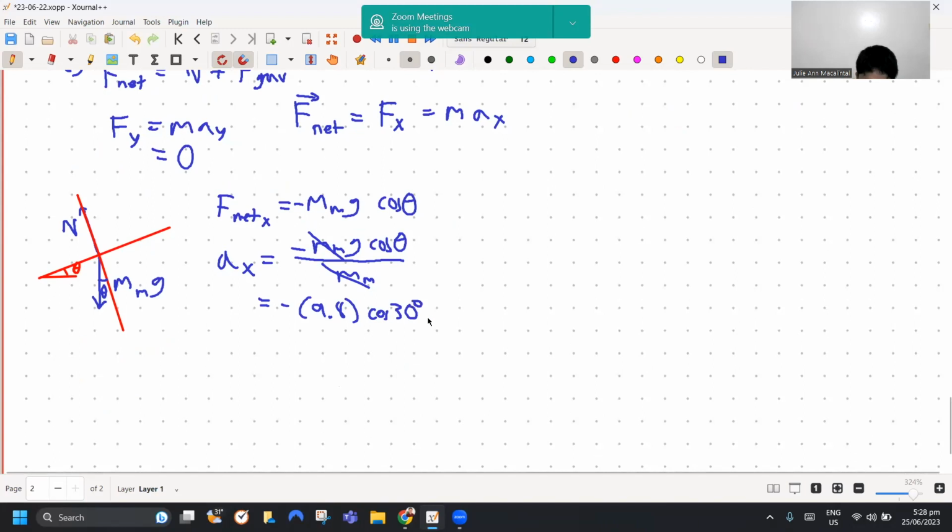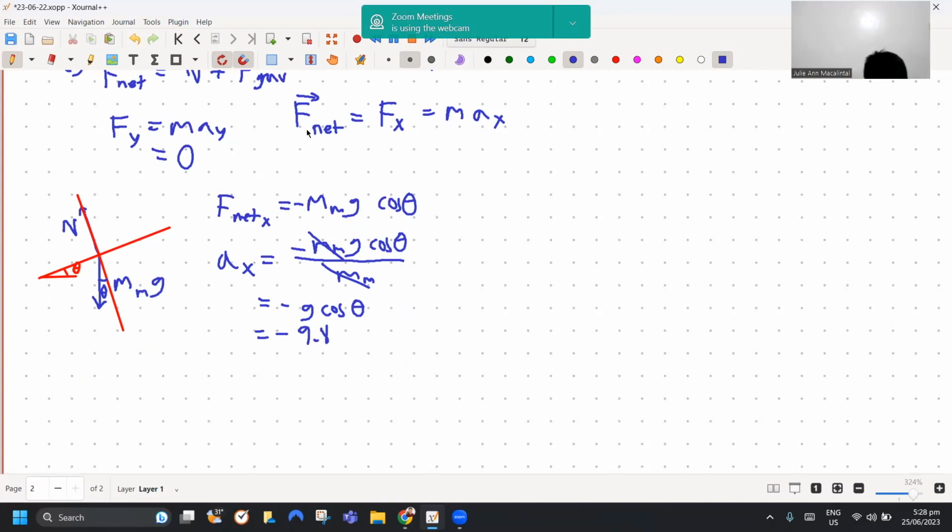Kasi maganda makita mo siya. So negative 9.8 units.